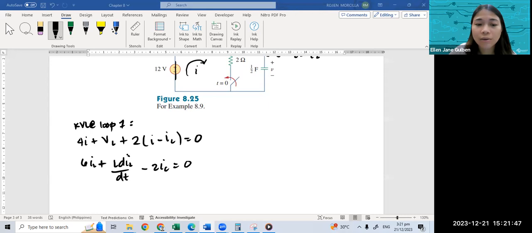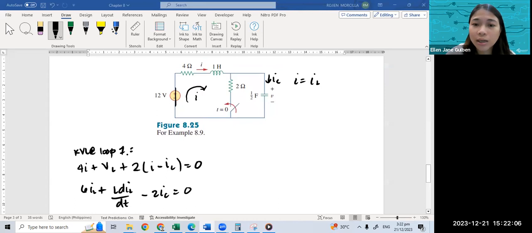Okay, so we have 2 IC. Okay, and the 4I plus 2I becomes 6I. So there we have the equation for our loop, and then we will be doing KCL.